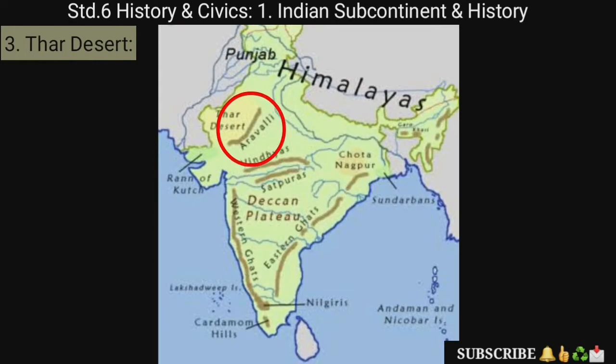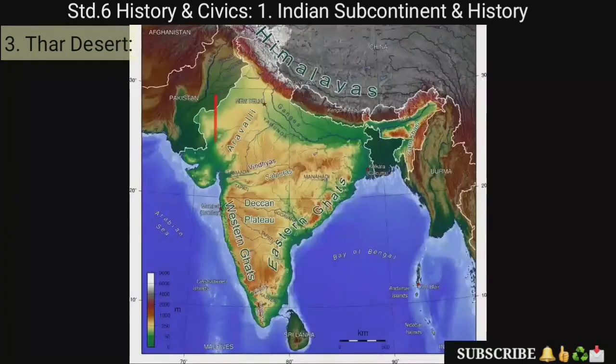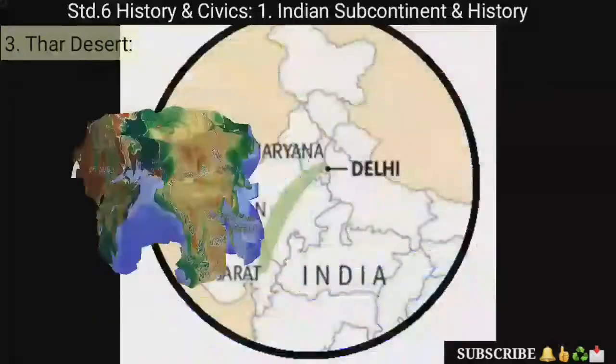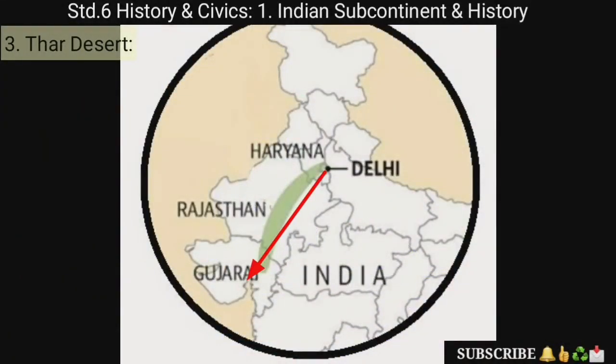Now we shall study about the Aravalli range or Aravalli mountain range. The Aravalli range is a mountain range in northwestern India, running approximately 670 kilometers in a southwest direction, starting near Delhi, passing through southern Haryana and Rajasthan, and ending in Gujarat.